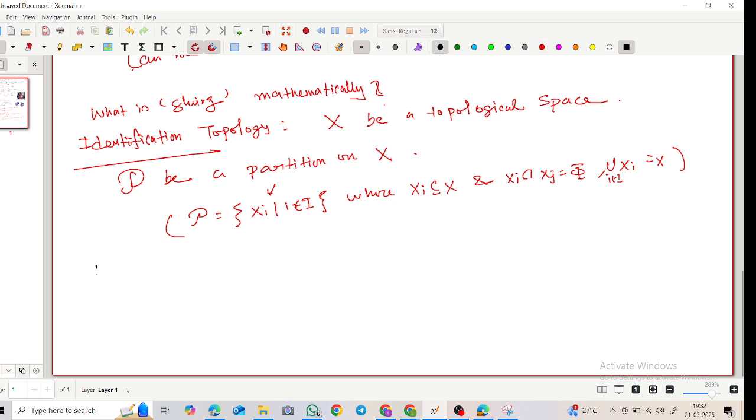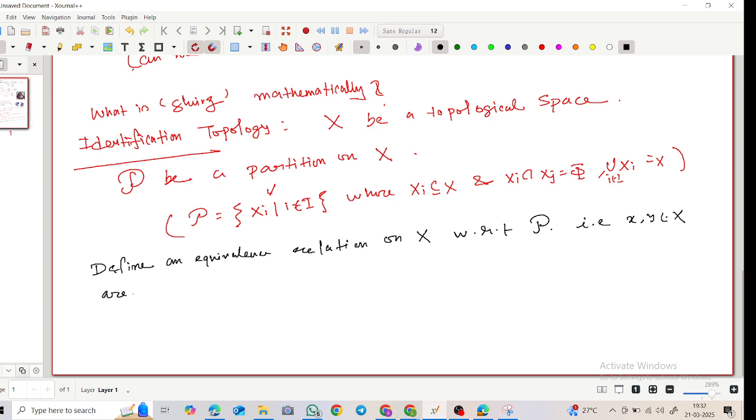So define an equivalence relation on X with respect to P, that is, x, y belonging to X are said to be related, this is the sign, if x, y belong to the same, I mean they have to belong to some particular Xi.